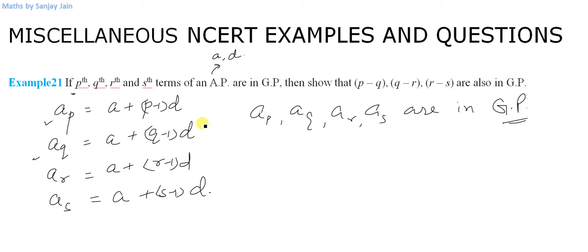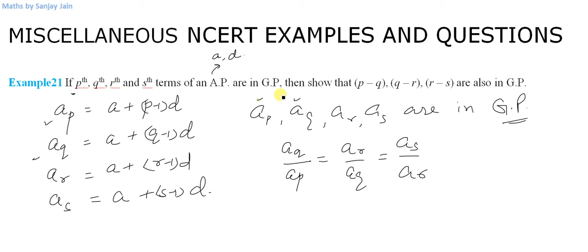Okay, so it is already given that these are in GP. So how do I think about this? If these are in GP, I can say that aq by ap is equal to ar by aq is equal to as by ar, right?